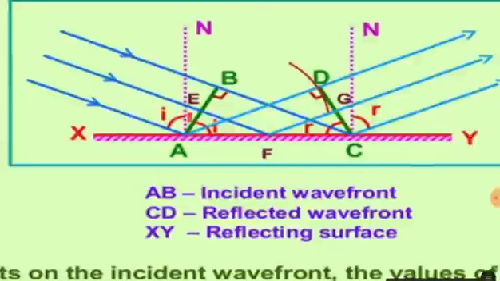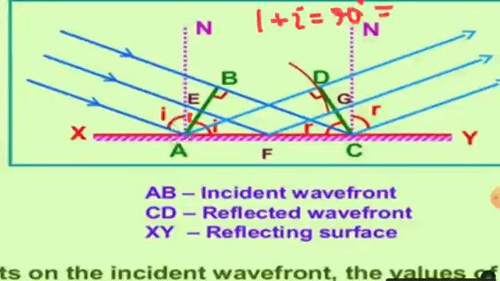So this angle 1 plus i will be 90 degrees. Why? Because we know that the wavefront and the ray are perpendicular to each other. So 1 plus i will be 90 degrees.